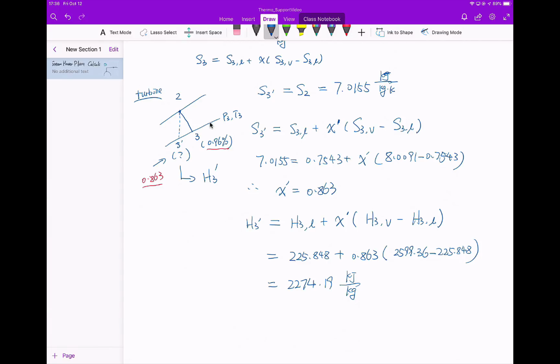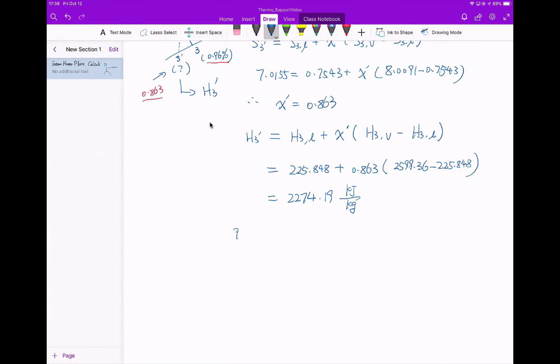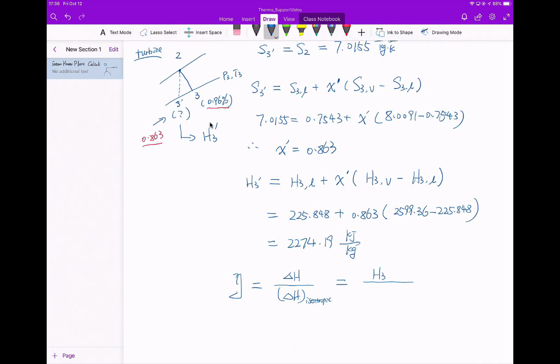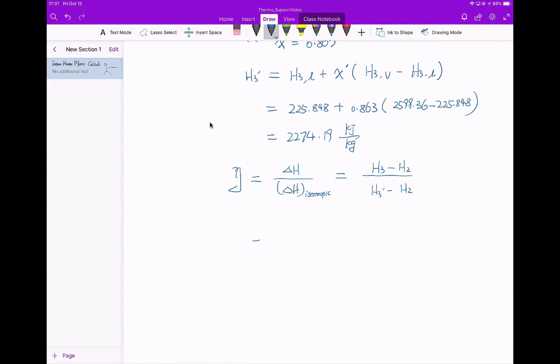So now we can use that efficiency definition. So efficiency calculation is required, and I know this is from delta H over delta H isentropic. The actual is H3 minus H2 over isentropic would be H3 prime minus H2. Right. And I know all those values.